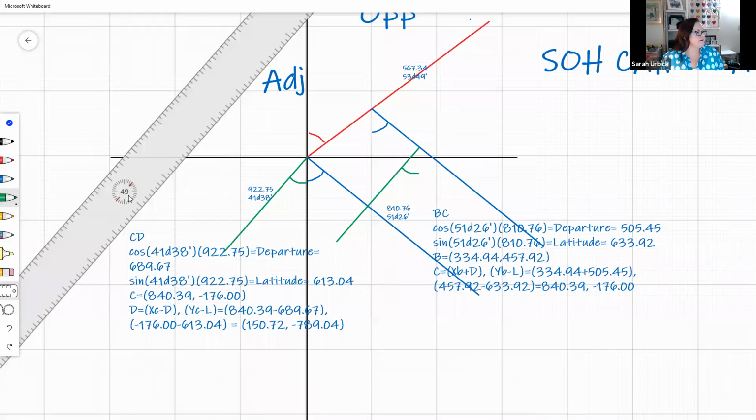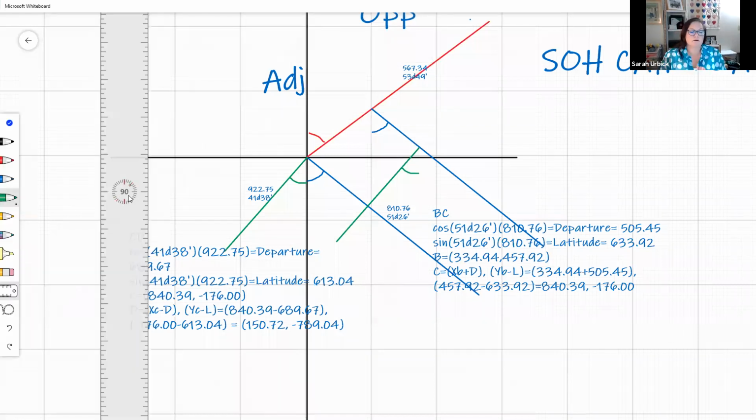All right, so if I start out at my vertical here, I'm north 41 degrees, 10 minutes to the west. So my Y component is going to be additive. My X component is going to be subtractive.